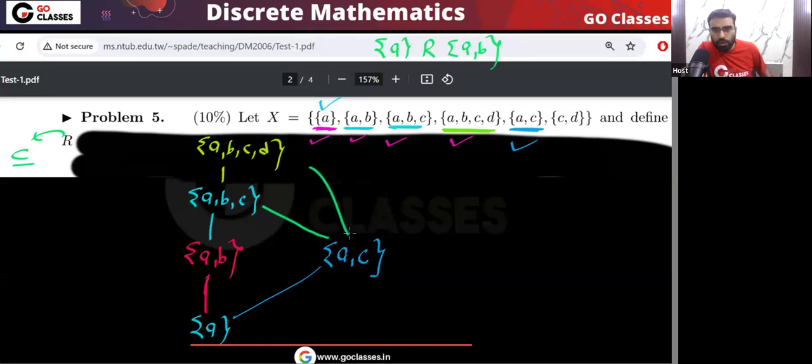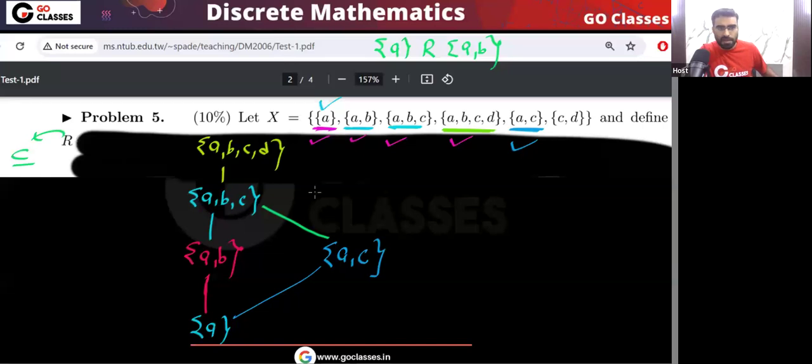Do I have to put this edge? I don't need to, because it is a transitive edge. There is an upward path: AC is related to ABC, ABC is related to ABCD. So don't put this edge.